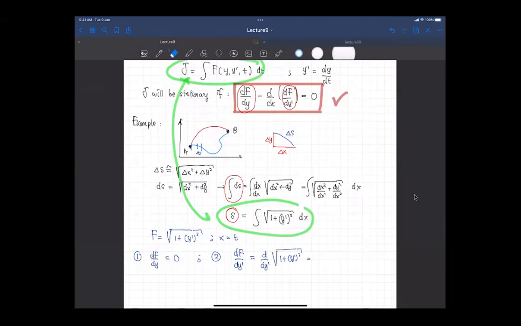If you remove the square root, it is actually power to half. And if it is power to half, then it will be 1/2 multiplied by itself, 1 plus y prime squared. Is that true? Yeah. Multiplied by power of 1 minus half.